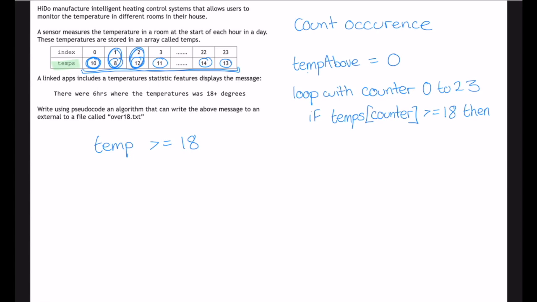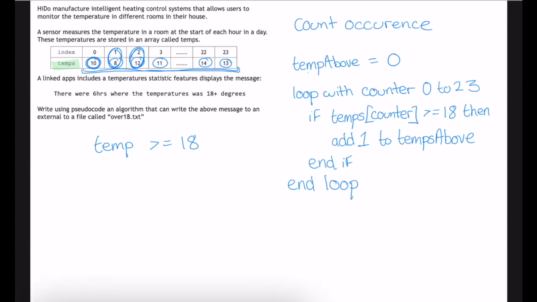And the something that we do is we add 1 to temps above. And then we close the if statement, and then we close the loop. And that is our count occurrence algorithm.